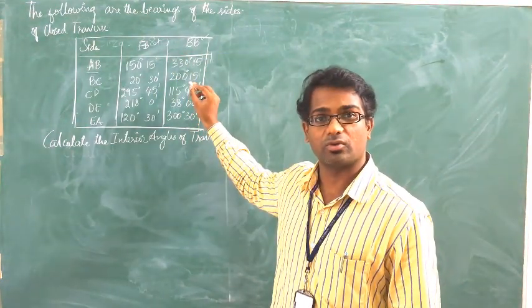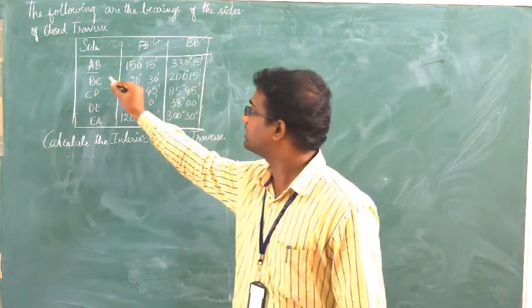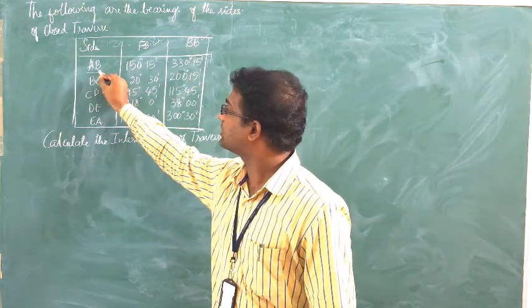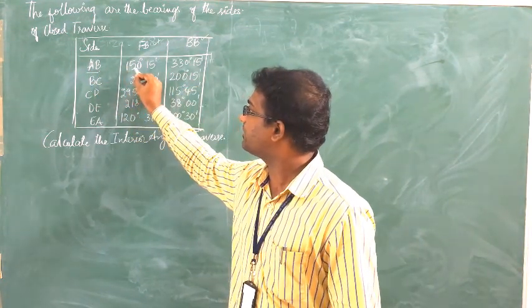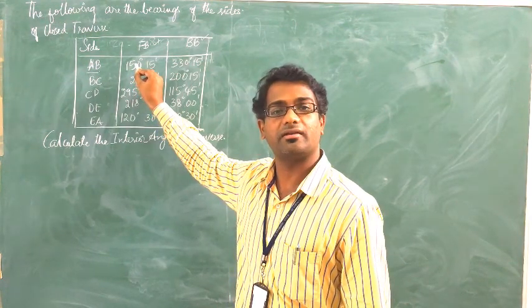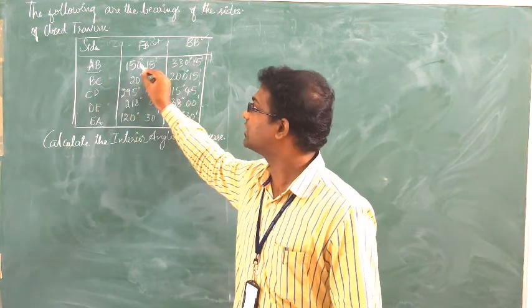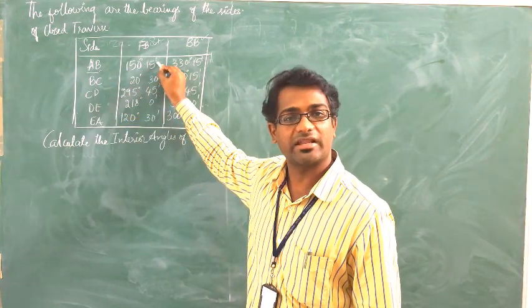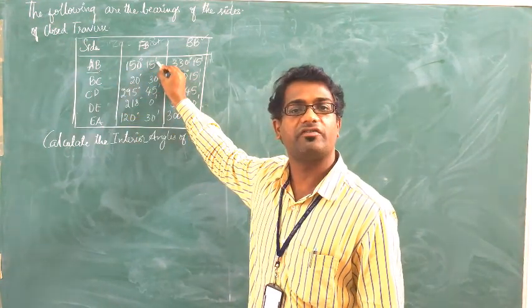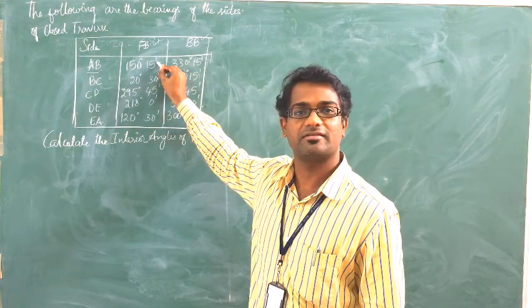What does it mean to you? It means that for the AB line, if the compass station is set up at A and you look at B, then this whole circle bearing is 150 degrees 15 minutes.